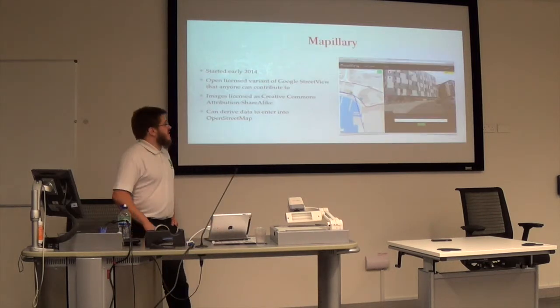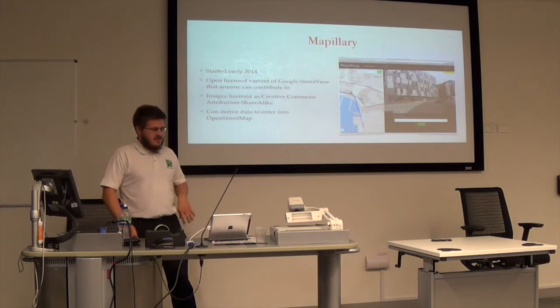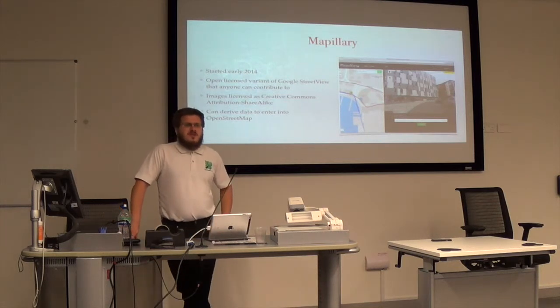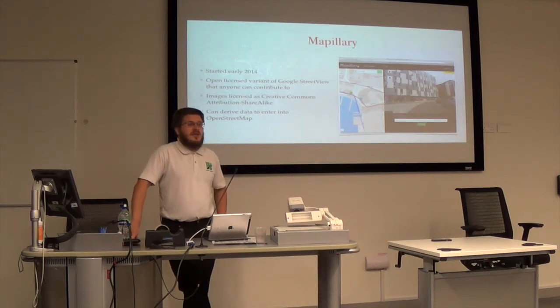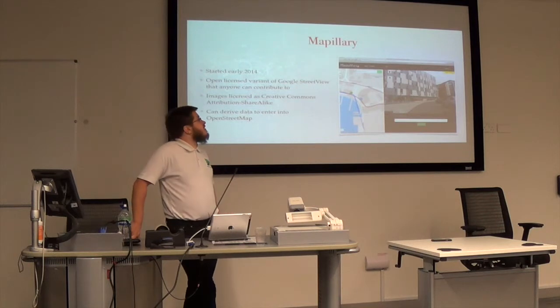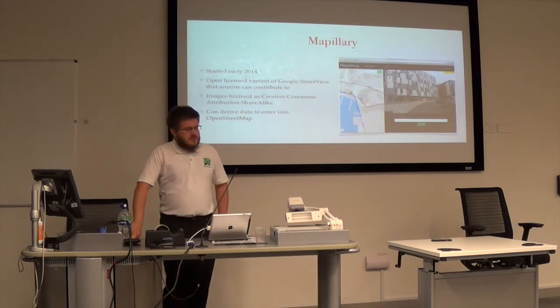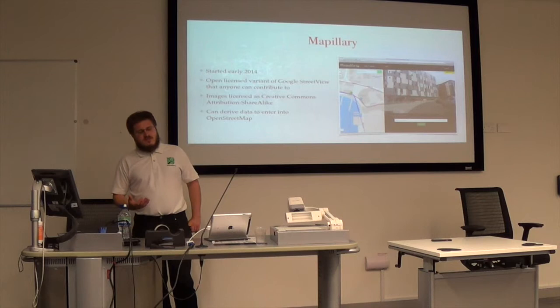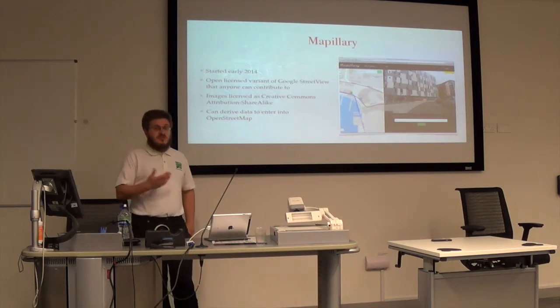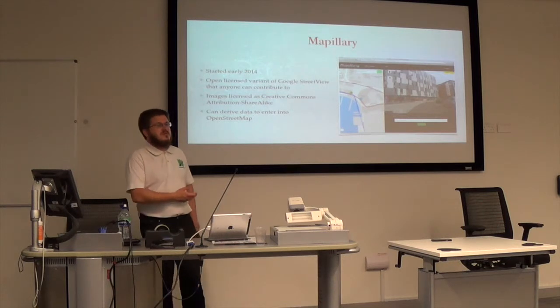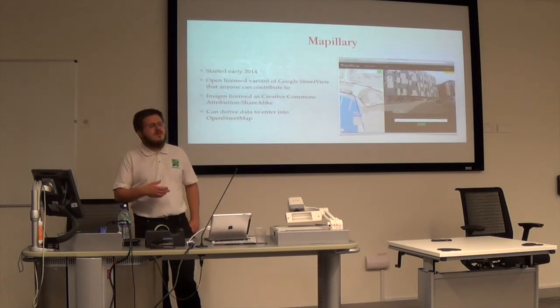Another option which has come around this year is Mapillary, which is basically a more open variant of Google Street View. One of the problems is that legally you're not able to use Google Street View for deriving information and putting it into OpenStreetMap.